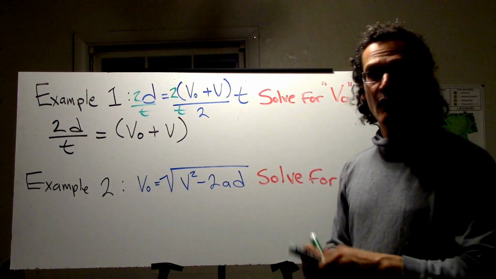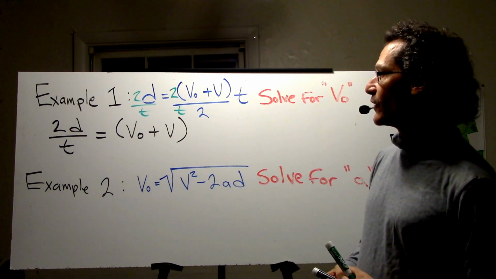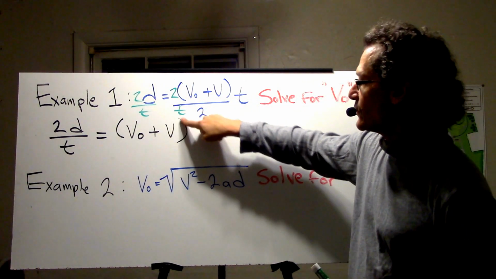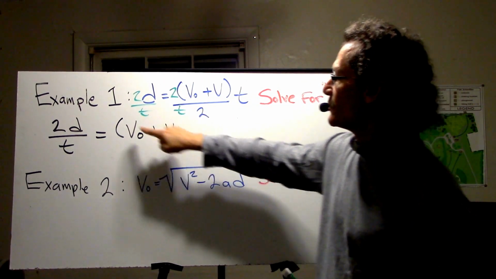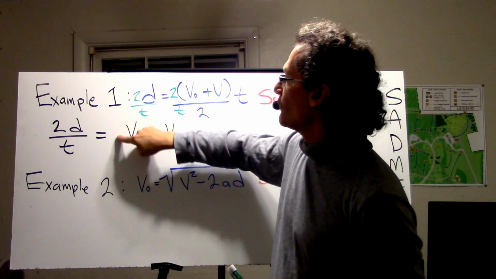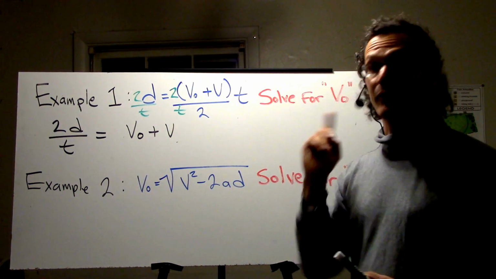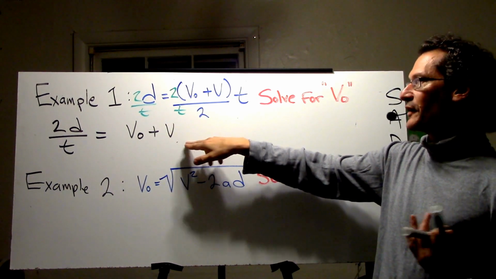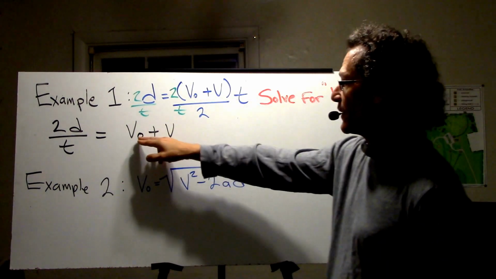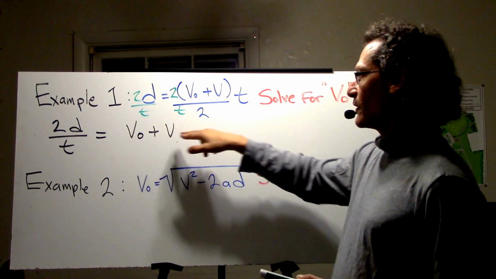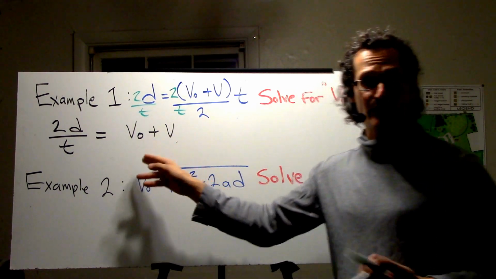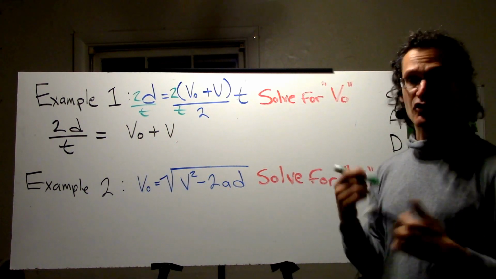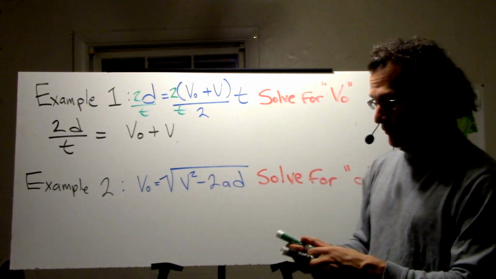All right. Well, we can actually break down the parentheses because nothing's attached to them. Whew, look at that. My finger does it perfectly. What a great eraser. Thank you, finger. Oh, you're welcome. v0 plus v. So now, in order to isolate v0, it's attached by the operation of addition. So what we have to do is subtract v from both sides in order to isolate v0.